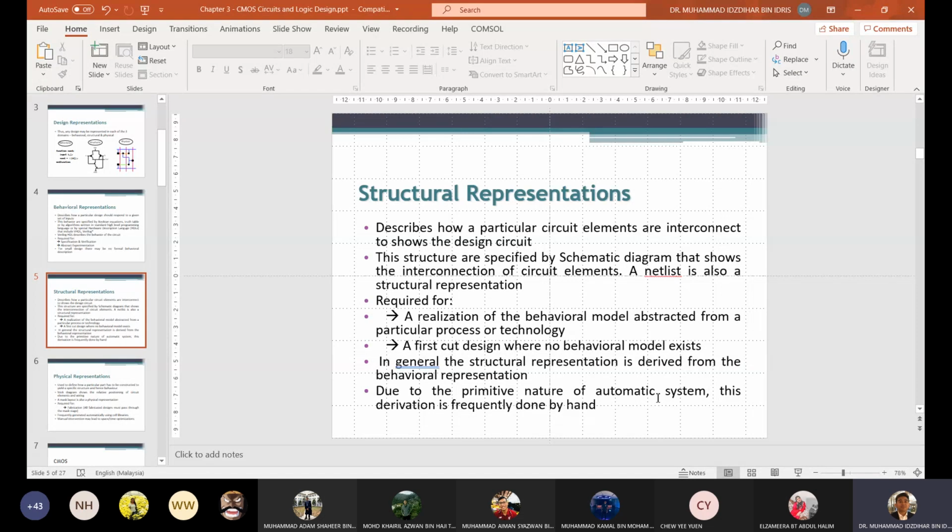So it is required for realization of the behavioral model, abstracted from a process. That's why when you design a transistor or a system, it depends on the technology or process. Let's say if you're using 0.13 or a different one, I think previously people used 0.18, but now your transistor is shrinking, your transistor becomes smaller. So you can have a different technology.